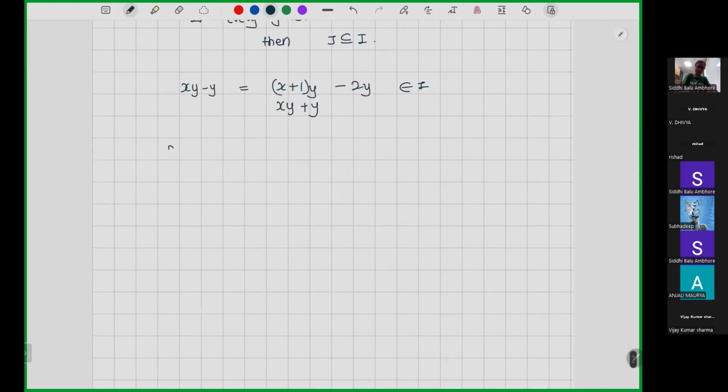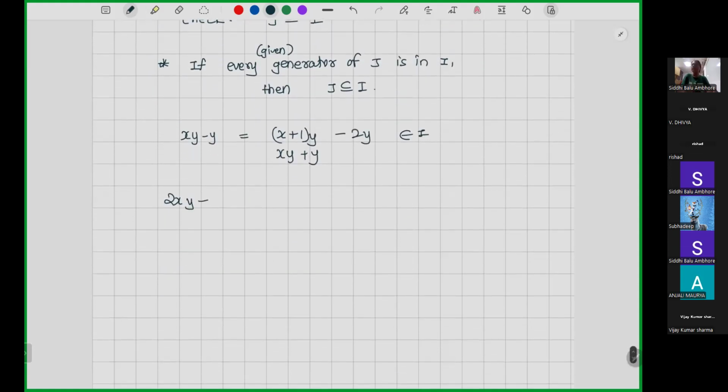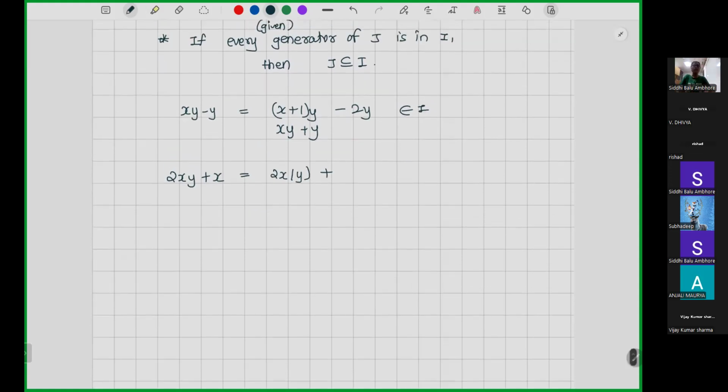But this 2xy plus x, how can we write it? It is 2x into y, because we have y there in I, and x plus 1 and minus 1. So this and this two are there.